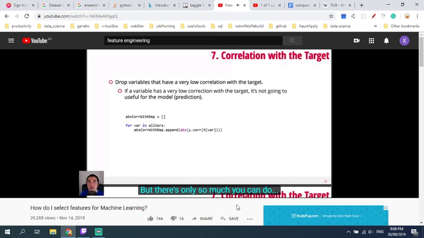But there's only so much you can do. You can't, generally speaking, try every possible combination of features, especially when you have 400 features. So you have to use some sort of technique to do this. Okay.